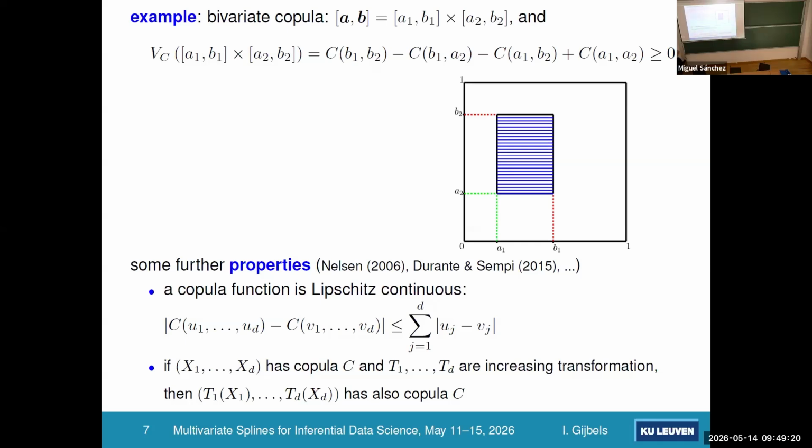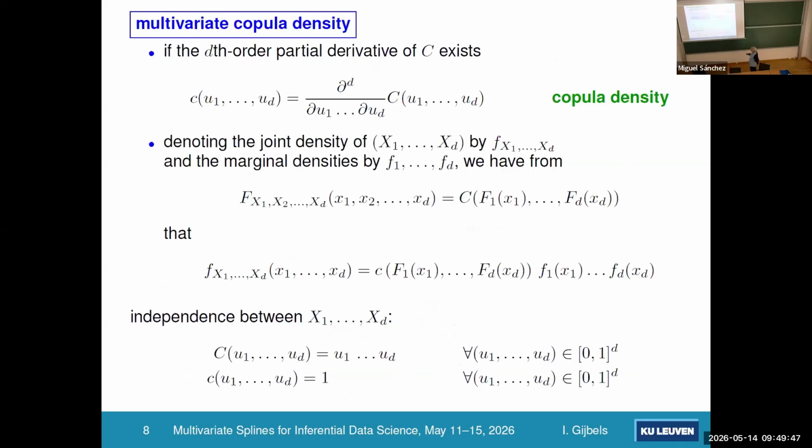Another important fact is that if I take T1 to Td increasing transformations and apply them to my random variables, you get a transformed set of random variables, and they have the same copula. That's logical, it should not change the dependence. There are many other properties, but these are the ones that I will encounter later on.